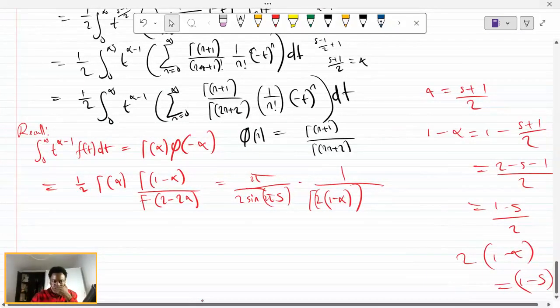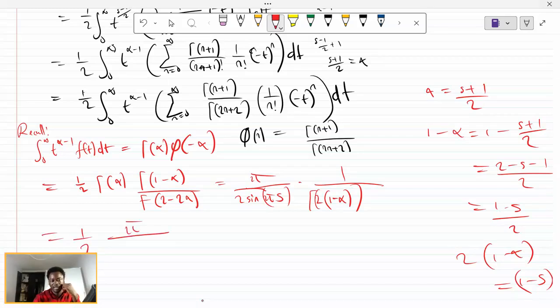Then here this would be half of pi over sine of alpha pi. Alpha is s plus 1 over 2, so you have s plus 1 over 2 times pi, then you multiply it by 1 over gamma of 1 minus s.